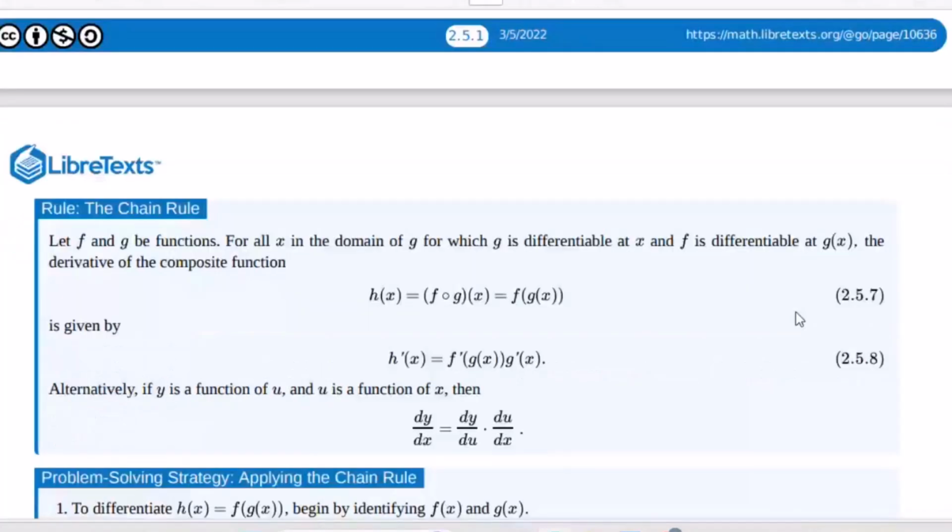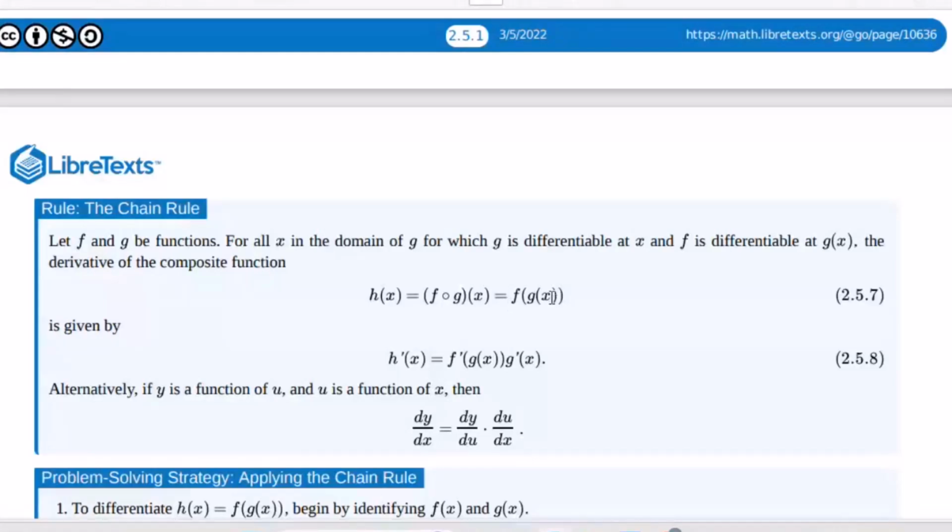Now, let's go to the chain rule. It says, let f and g be functions, for all x in the domain of g, for which g is differentiable at x and f is differentiable at g of x, the derivative of the composite function h of x equals the composite of f and g of x, which is f of g of x.